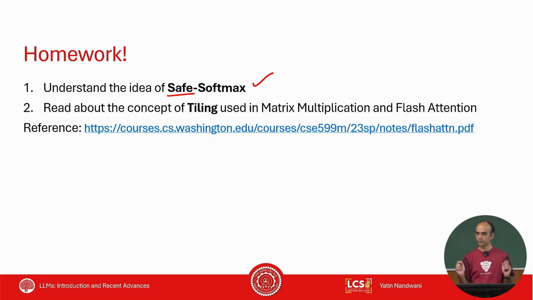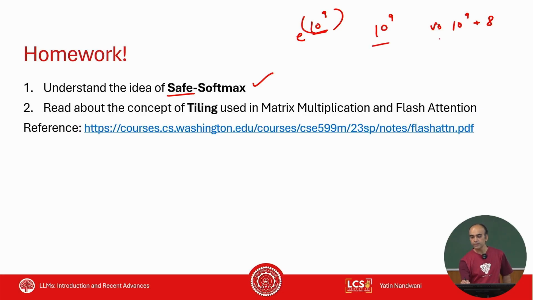These are my attention scores, of the order of 10 to the power 9. Now when I do e to the power of this number, it's going to be really highly unstable, right? But when I'm doing softmax, does the absolute number matter or the relative numbers matter? If I have 10 to the power 9 versus 10 to the power 9 plus 8, let's say, it's the difference that matters, right?